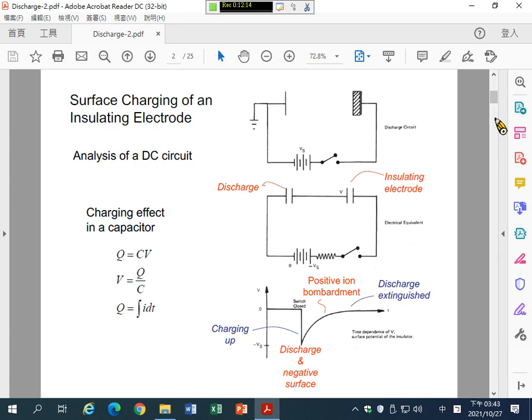So in this circuit, we can add the resistor here, right, to represent the resistive component of plasma. And we can also add a capacitor here to represent the capacitive component of plasma. And then this is a closed circuit.